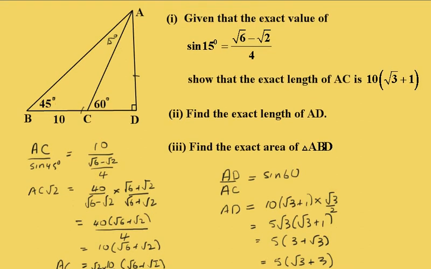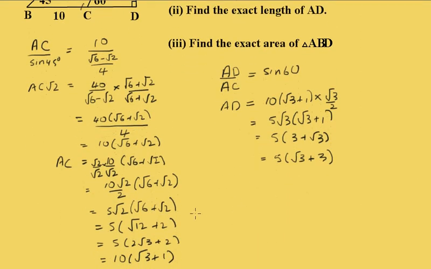So just using that simple rule for the area of a triangle, the area is half the base, which is the same as the height. So it'll be 5 squared times root 3 plus 3, all squared, over 2. This becomes 25 over 2.